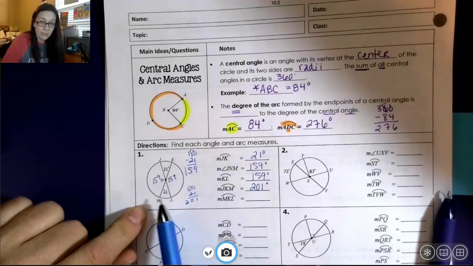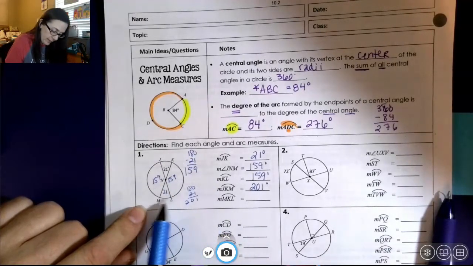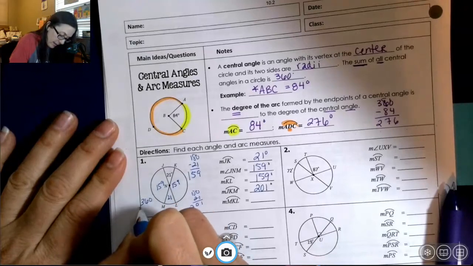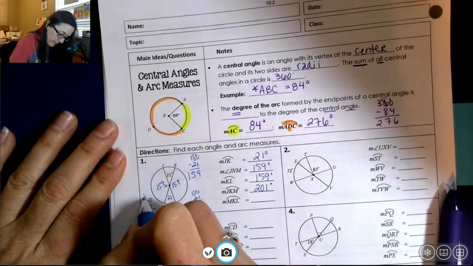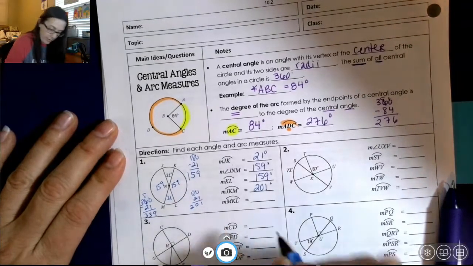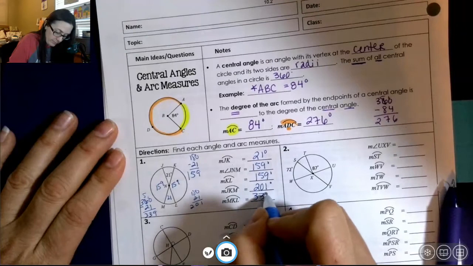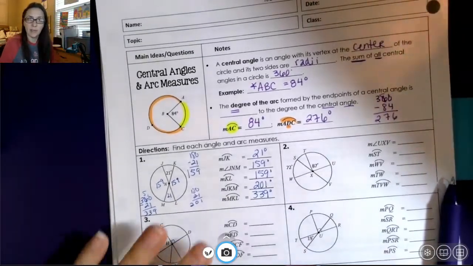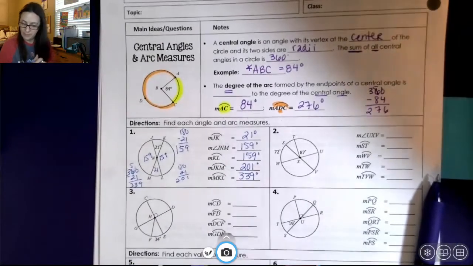It's almost the entire circle except for this piece right here. So I'm going to take 360 and I'm going to subtract 21. And I end up with 339 here. It's like a little puzzle piece, add, subtract, take away, figure out what is missing.